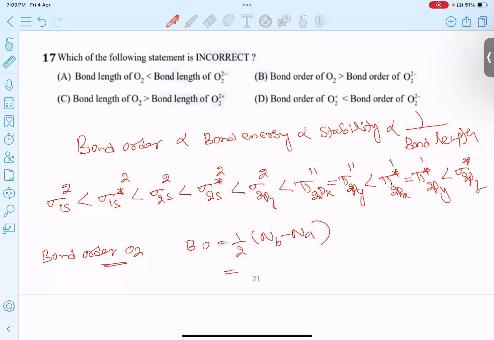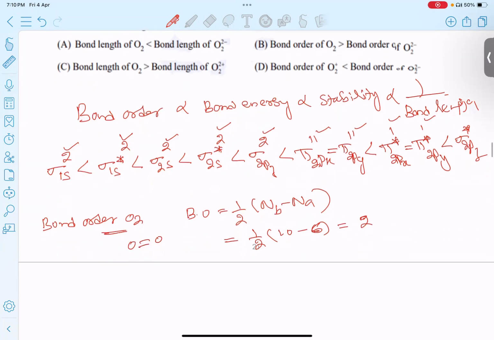Here Nb is 10 and Ne is 6. Therefore the bond order of O2 is 2.